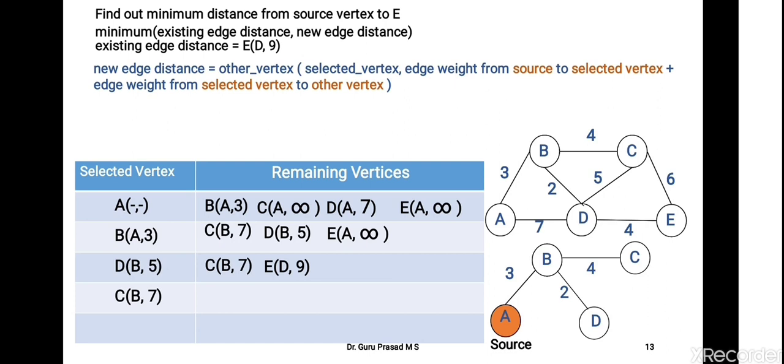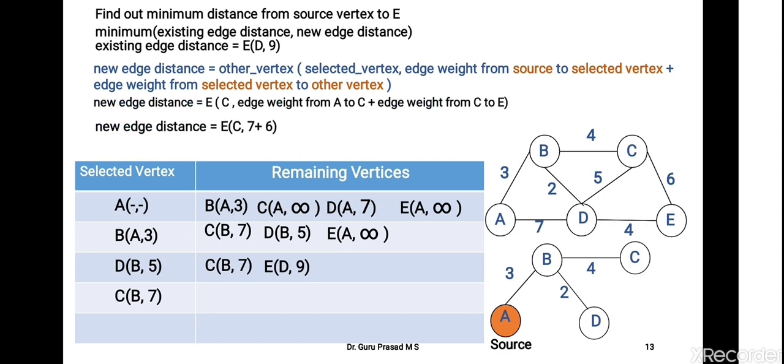The other vertex is E, so you have to find the distance for the vertex E. The selected vertex is C. Observe the selected vertex column, fourth row, C. Edge weight from A to C is 7 plus edge weight from C to E. Observe the edge C to E is 6. In total it is E of C comma 13.